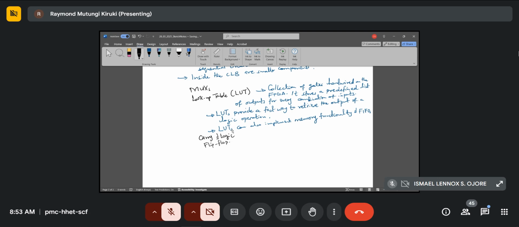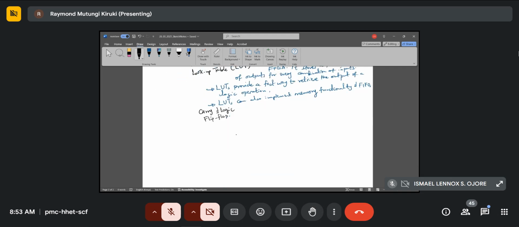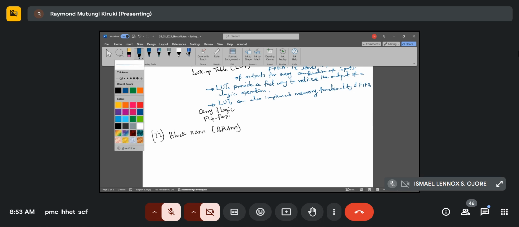Apart from the configurable logic block, we also have the block RAM. Even just from the name, this is a type of RAM, random access memory.